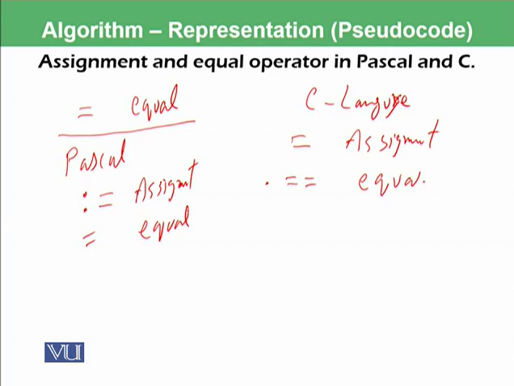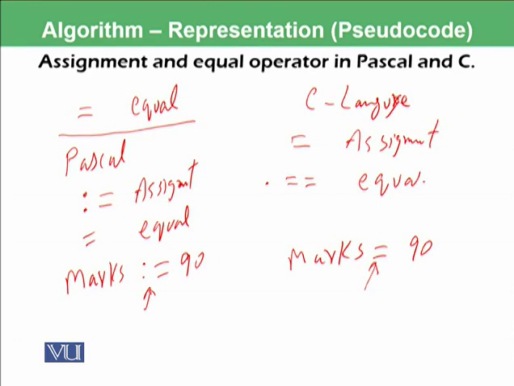This means when we want to assign a value using Pascal, or we are constructing a pseudocode in Pascal, then we will say marks assigned by 90. And in the C language, we will say marks assigned by 90. So we will talk of this as an assignment, but we will use different notation depending upon what we are using as the underlying language.